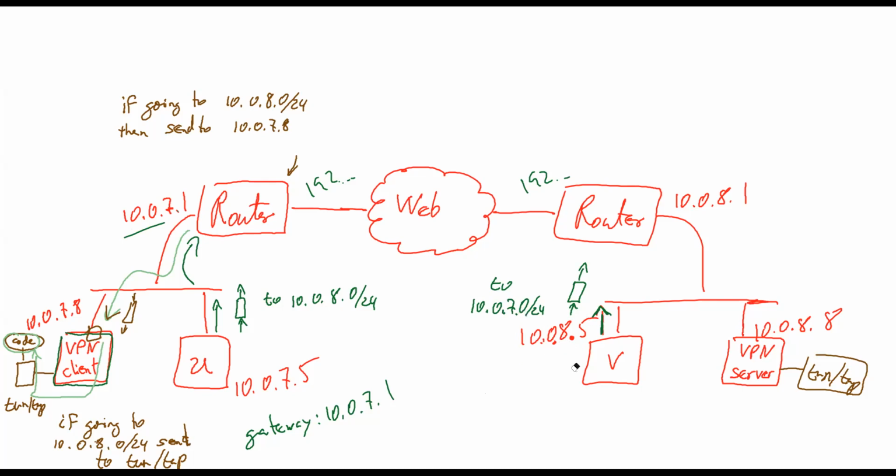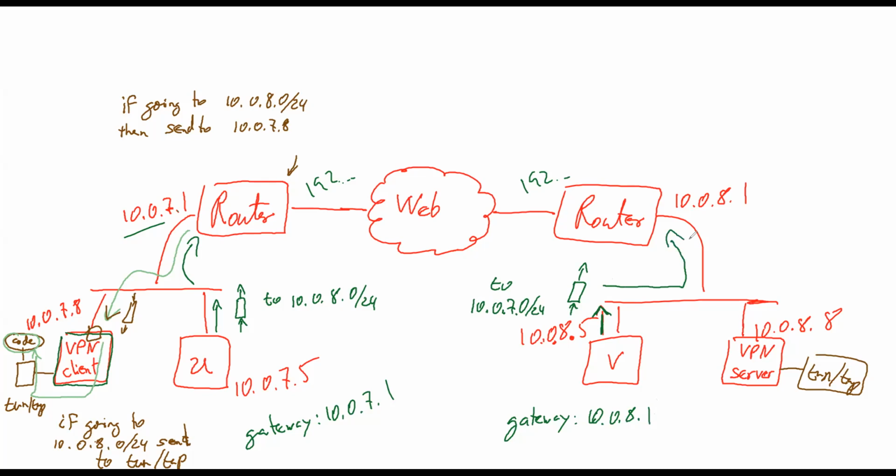So then what does it do? It sends it to its gateway, right? So the gateway for V would be 10.0.8.1, correct? So it's going to send this packet to the router.